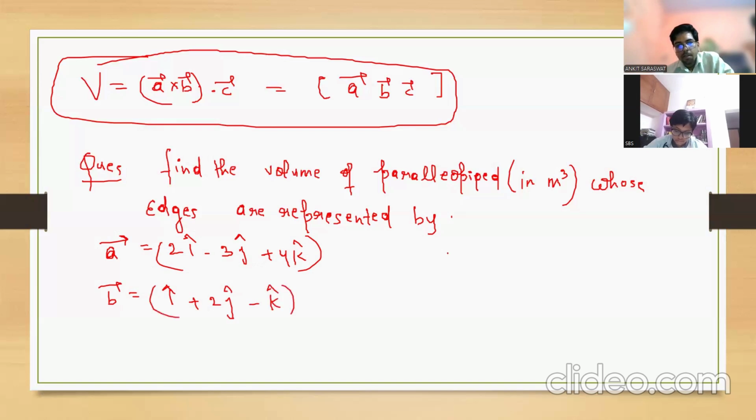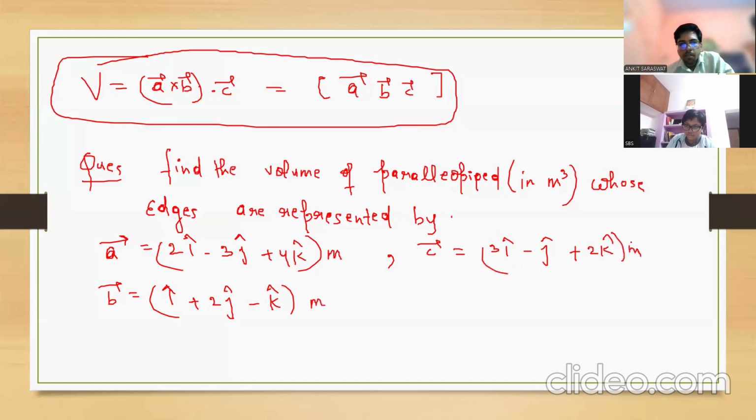This is B vector. C vector is 3i cap minus j cap plus 2k. Okay, please solve. All are having the unit meter.